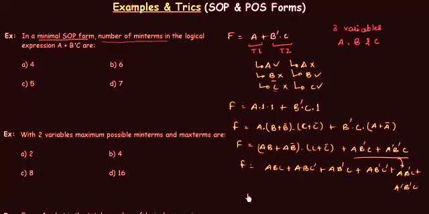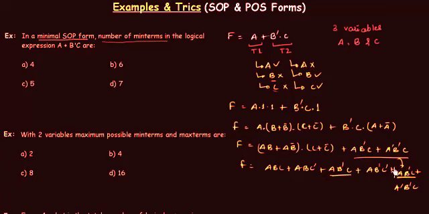Now we have to find out if the minterms are repeated. ABC is not repeated. ABC complement is also not repeated. AB complement C is repeated. You can see it is repeated. AB complement C complement is not repeated. A complement B complement C is also not repeated.